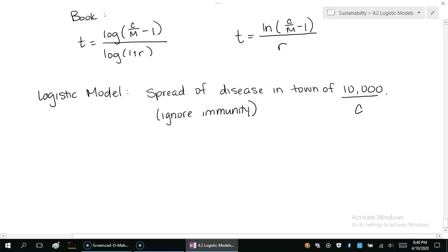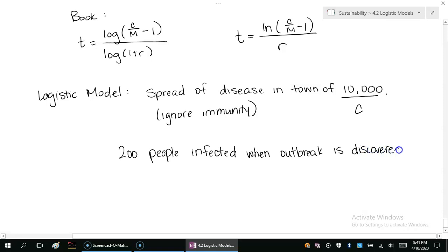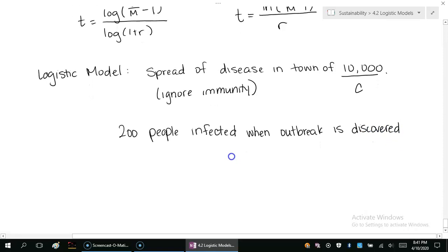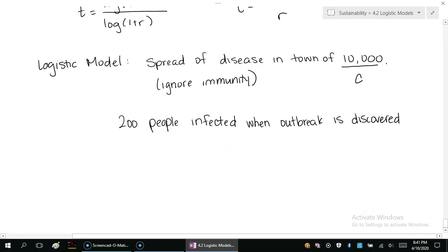Okay, so making that assumption, let's say that 200 people are infected when the outbreak is discovered, and that 1 month later, 1,000 people have been infected.